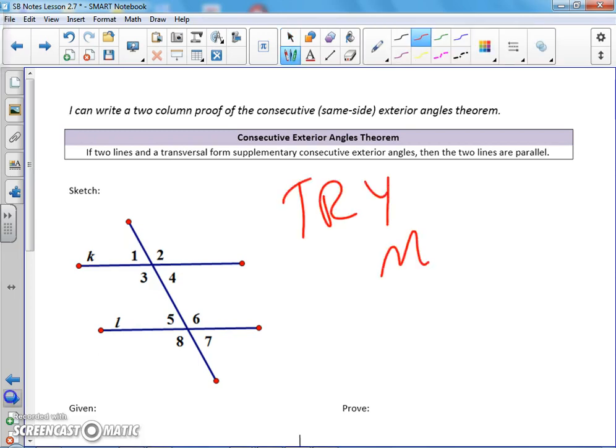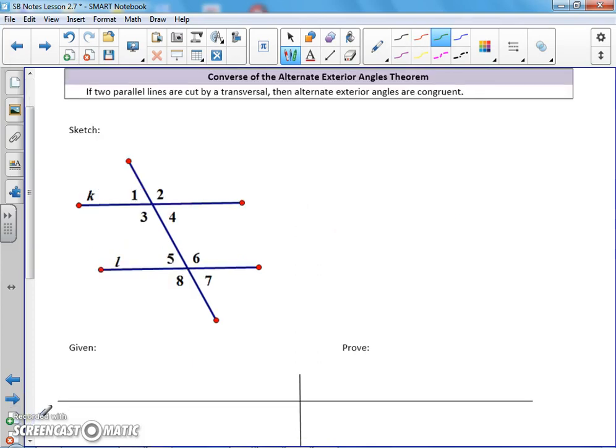If you want to page back through the ones that you have to try, I'm going to go ahead and give you the given and proofs that follow directly from the statement so that you know what you should be giving and proving. Okay, this is back on page 62 with the first one that you have to try.